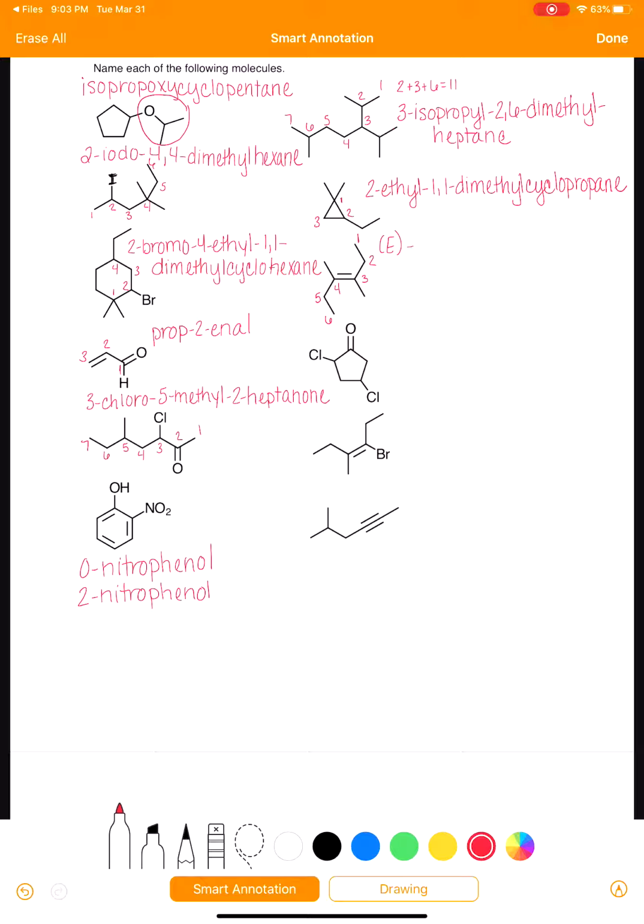So this is E. Our substituents are methyls on carbons 3 and 4. So 3,4-dimethyl. Where's that double bond? It's on carbon number 3, hexene.